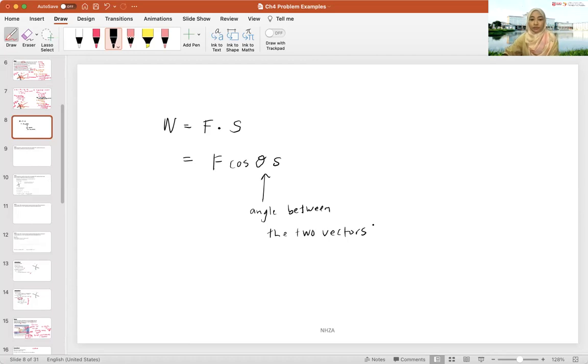Okay, so the first condition for work done is it needs to be parallel. If it's not parallel, you find the component to be parallel, and then bila dah dapat component of parallel tu, find out whether it is the same direction or opposite direction.